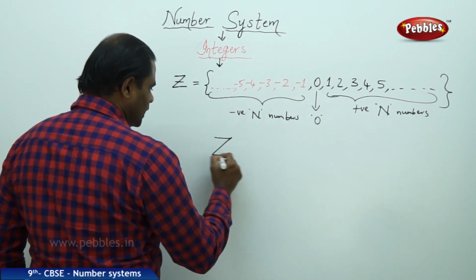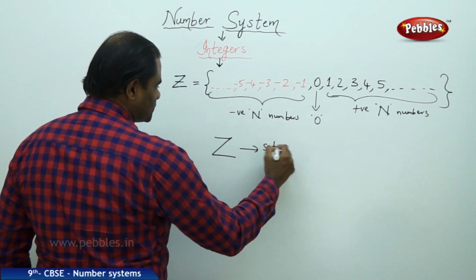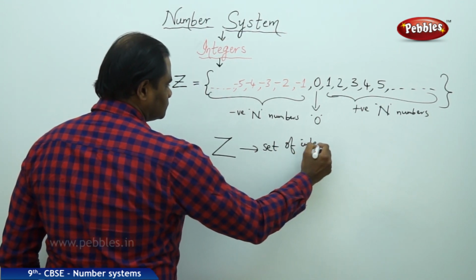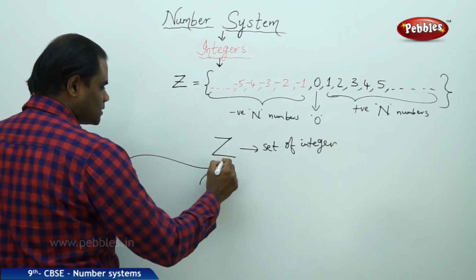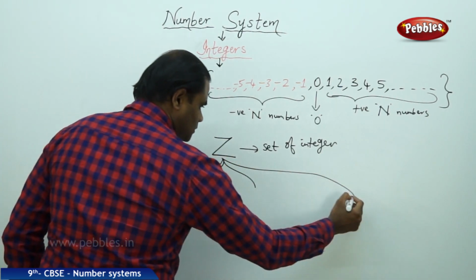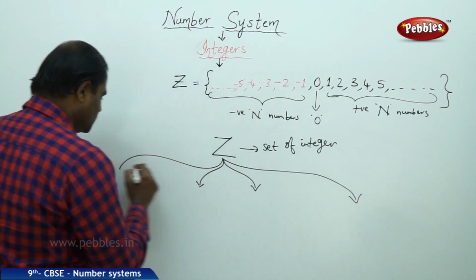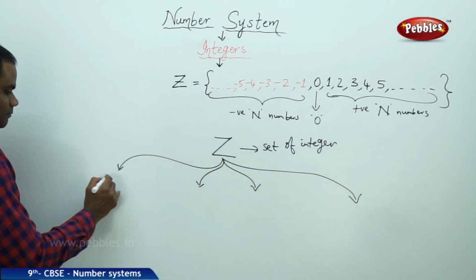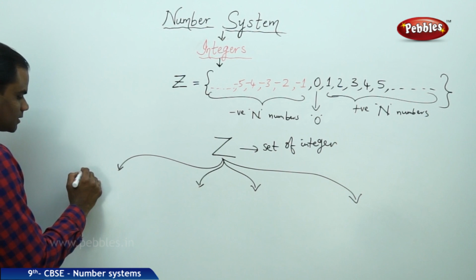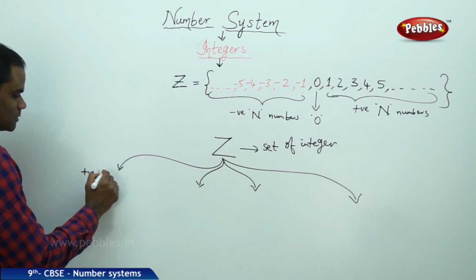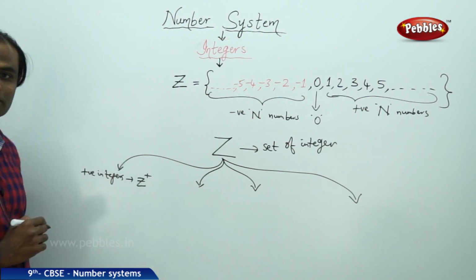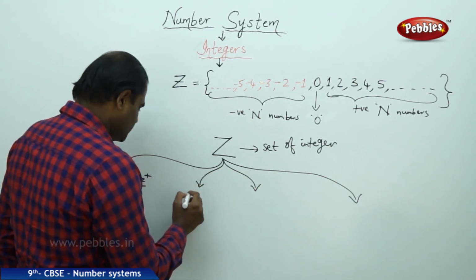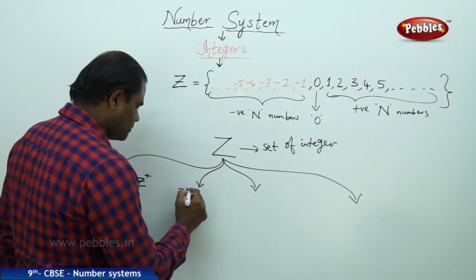Say I have the set of integers. Then I have 4 types of classifications for this. The first is positive integers, denoted by Z plus. And next is negative integers, denoted by Z minus.